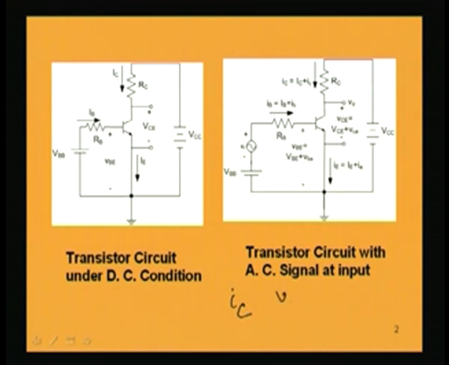Similarly, small v CE, with CE capital and v small, means that it is the instantaneous voltage, which is a combination of DC as well as AC.